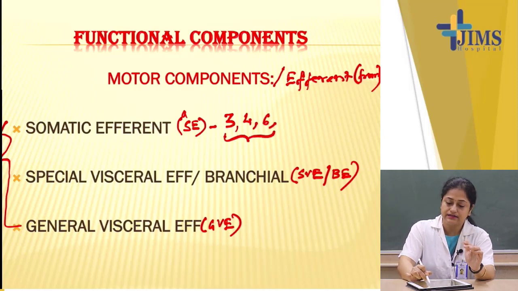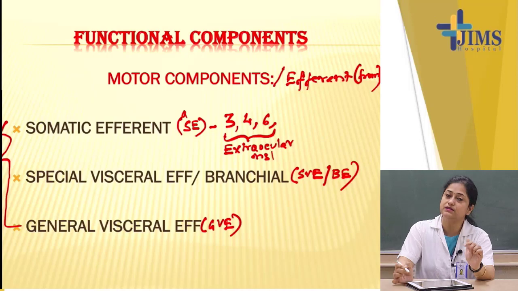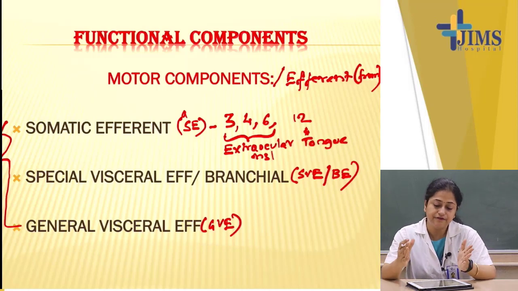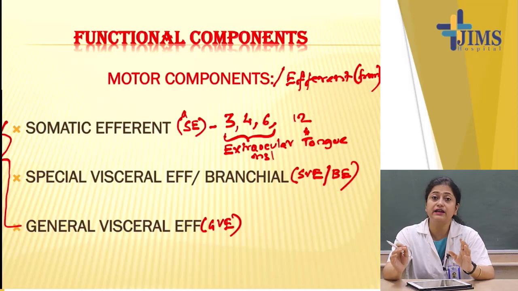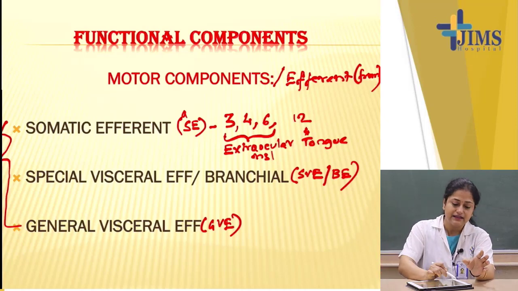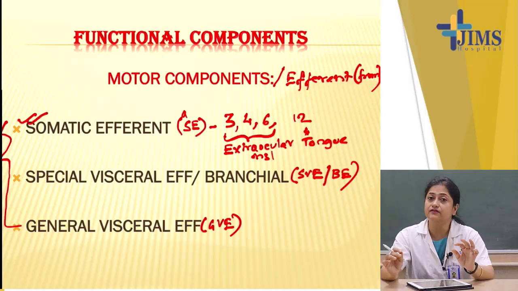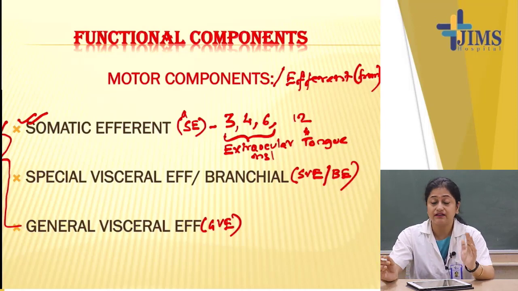These three supply the extraocular muscles, and lastly you have the 12th nerve, the hypoglossal nerve, which supplies the tongue muscles. These four nerves are purely motor nerves, and the type of fiber they carry is the somatic efferent fiber. So, they are the third, fourth, sixth and the 12th nerve.